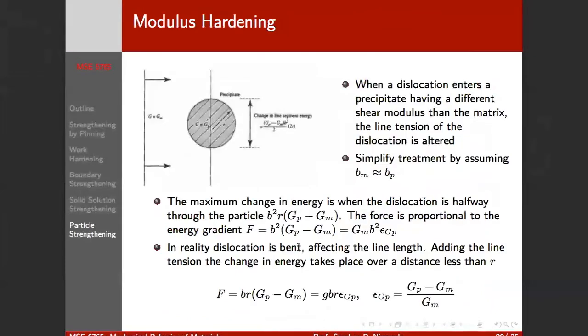We also have a modulus effect. If we cut into a precipitate that has a different modulus, now the line energy of our dislocation is changed as we go through, right? So that gives rise to another effect.